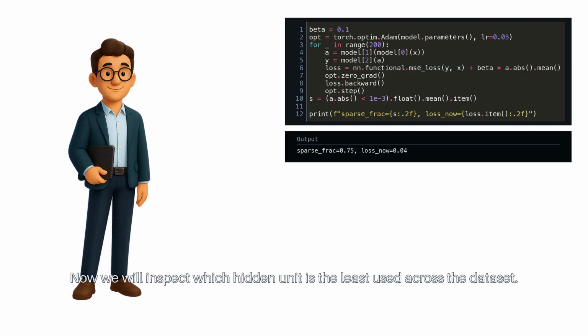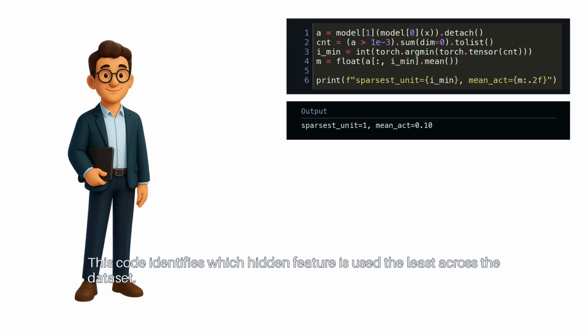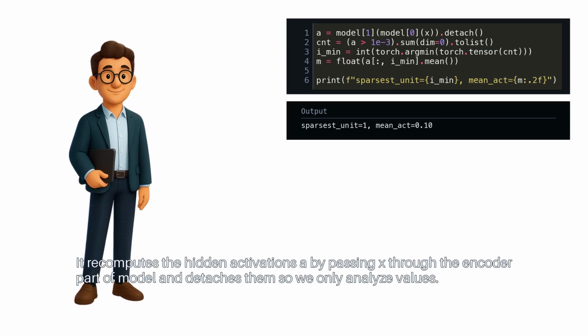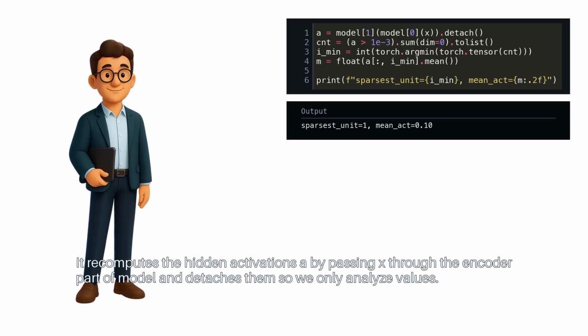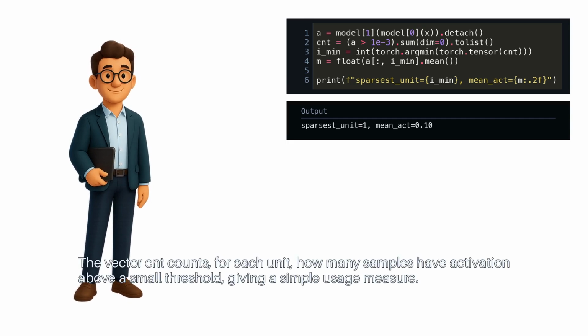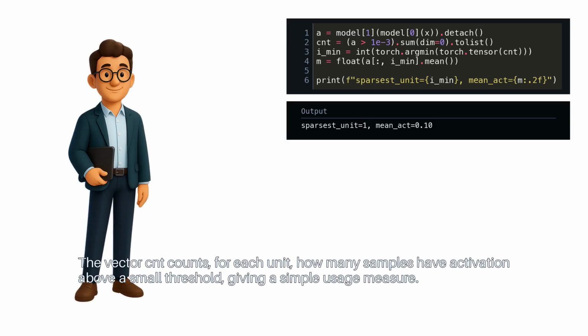Now we will inspect which hidden unit is the least used across the dataset. This code identifies which hidden feature is used the least across the dataset. It recomputes the hidden activations A by passing X through the encoder part of model and detaches them, so we only analyze values. The vector cnt counts for each unit how many samples have activation above a small threshold, giving a simple usage measure.